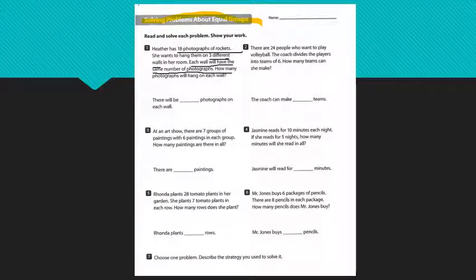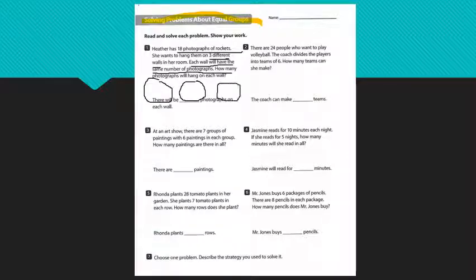So it looks like I'm going to be taking my total of 18 photographs and splitting them up evenly across 3 different walls. So to solve this problem, I'm going to make 3 different groups.